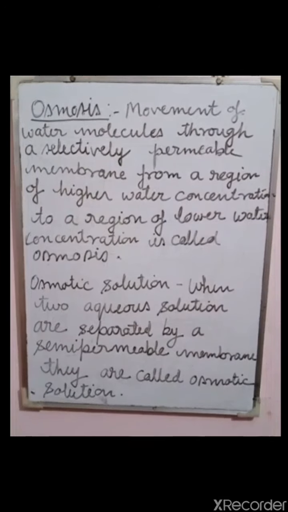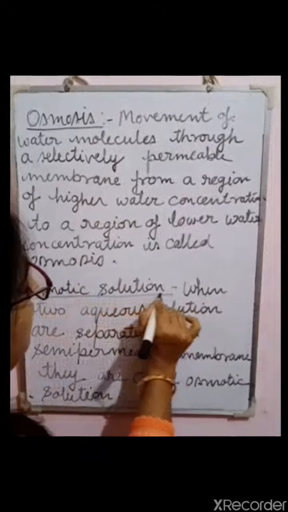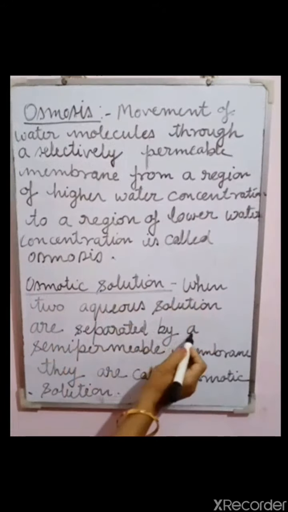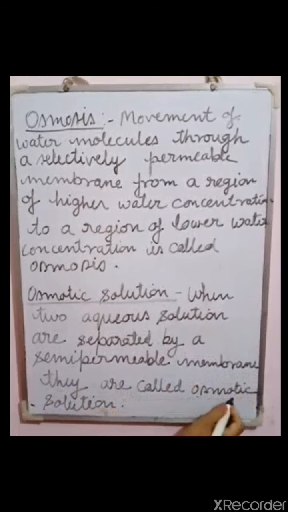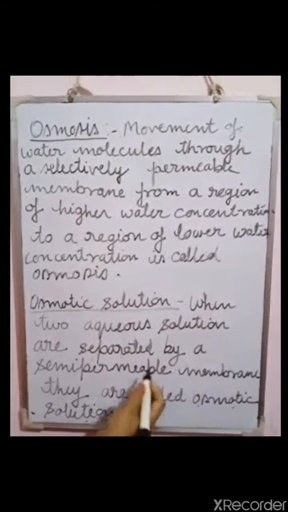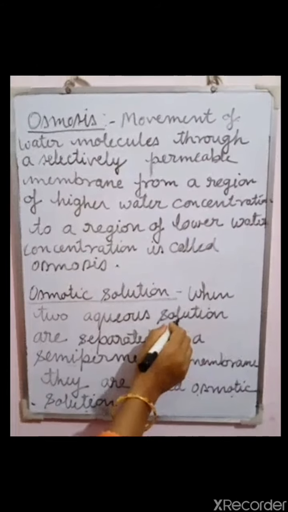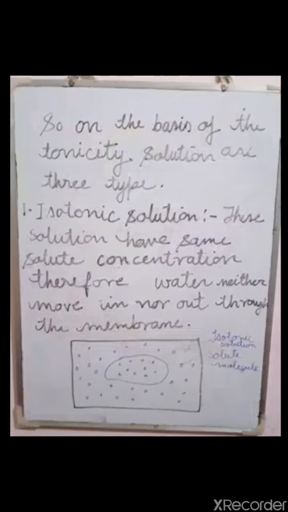Now come to the osmotic solution. When two aqueous solutions are separated by a semi-permeable membrane, they are called osmotic solutions. What do we mean by aqueous solution? Aqueous solutions are those solutions which contain water.